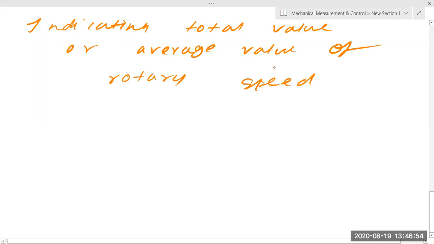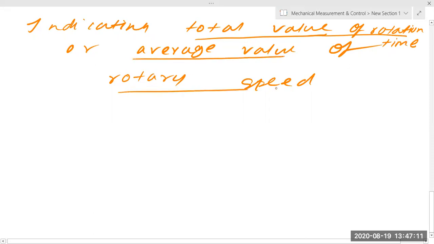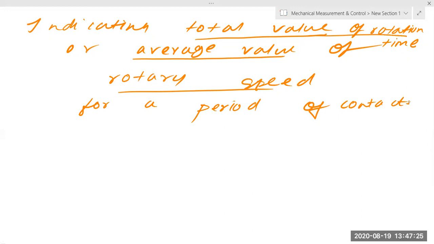If it is the total value of rotation, you have to divide this total value of rotation by total time, or it will directly indicate the average value of rotary speed for a period of contact. I hope everyone agrees with this. It will either indicate the average value for the period of contact directly, or it will show the total rotations, and we have to divide it by time.